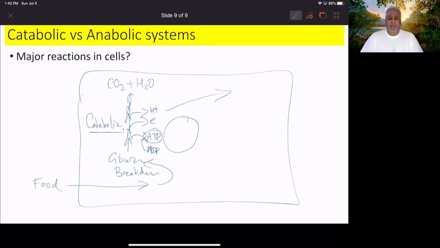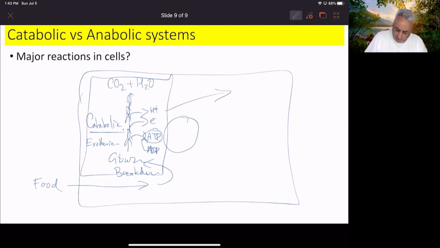Overall, it releases energy. By releasing energy, we call those exothermic reactions. Not every step is exothermic, some require energy, but overall, they release energy. So this side of the cell is releasing energy. Now, everything is intermixed in a real cell, but in our diagram, we can say that.